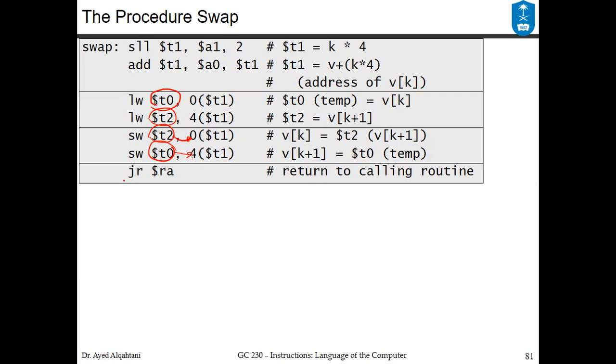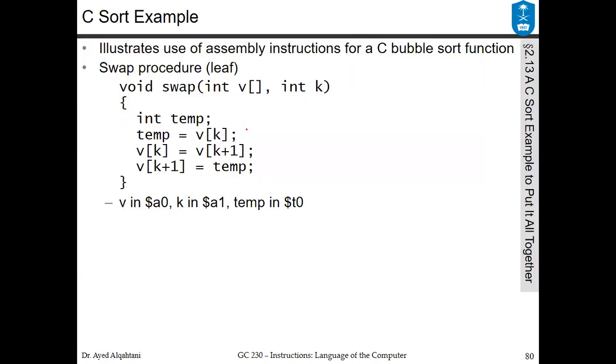After that, you jump and return to the return address. Now, we study the swap because we know that the sort, which is our original example, the bubble sort, is going to use the swap.